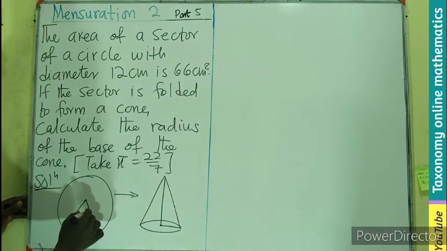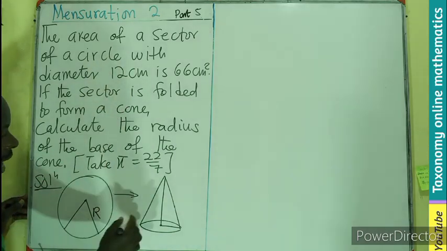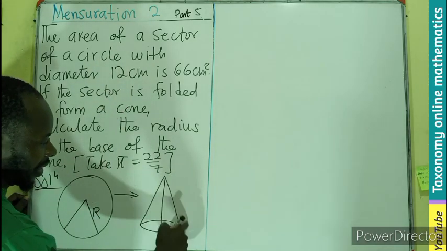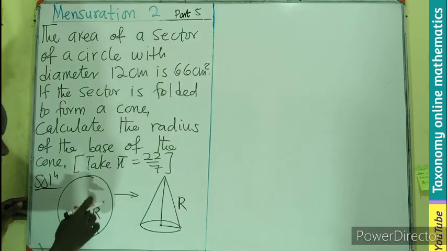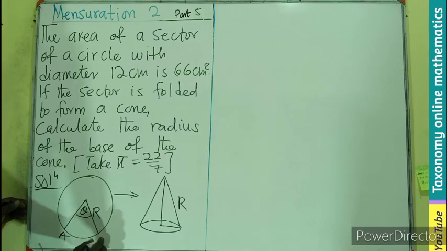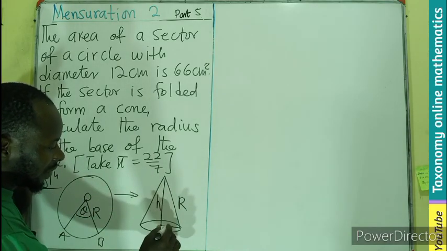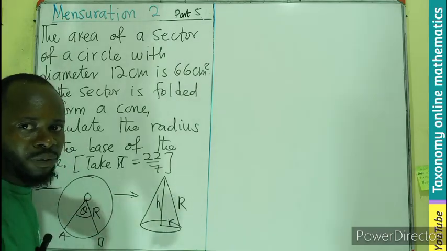This is the radius, which we don't know, so let's use r. The slant height is the same as the radius of the sector here. The angle subtended by the arc is not given. So this is your height, and this is the radius we are asked to find.